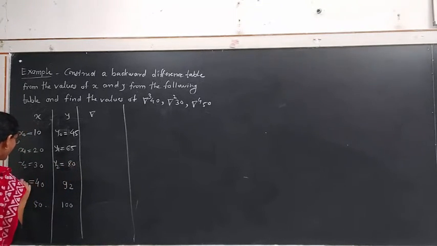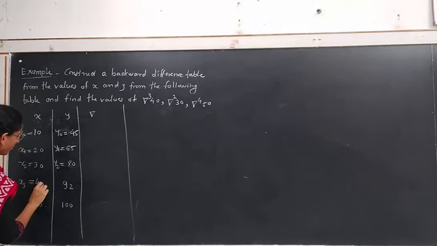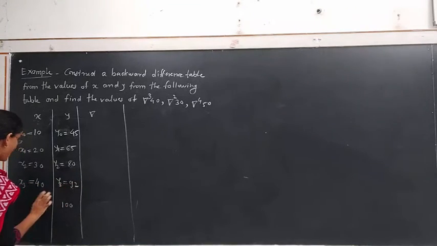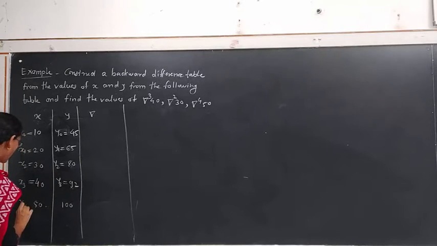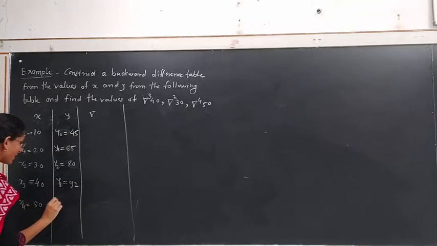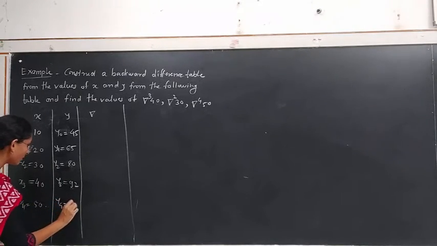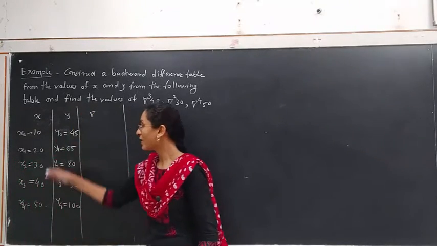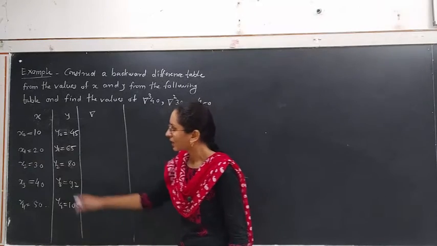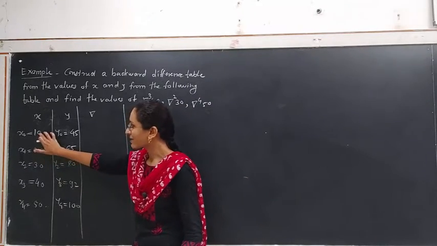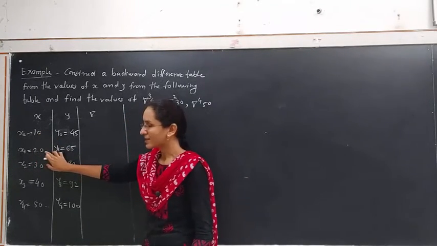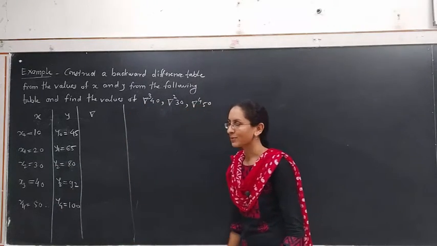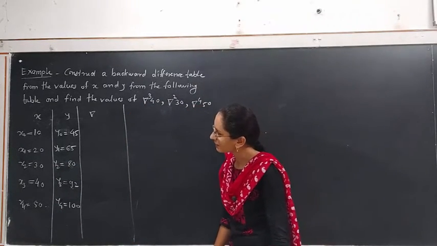Corresponding to x3, we get y3 value as 92, and for x4 equal to 50, we get y4 equal to 100. These are the given values. See, the difference between two values of x is the same. x1 minus x0 is 10, x2 minus x1 is 10. Hence, h value is 10. In this example, the value of h is 10, that is given.